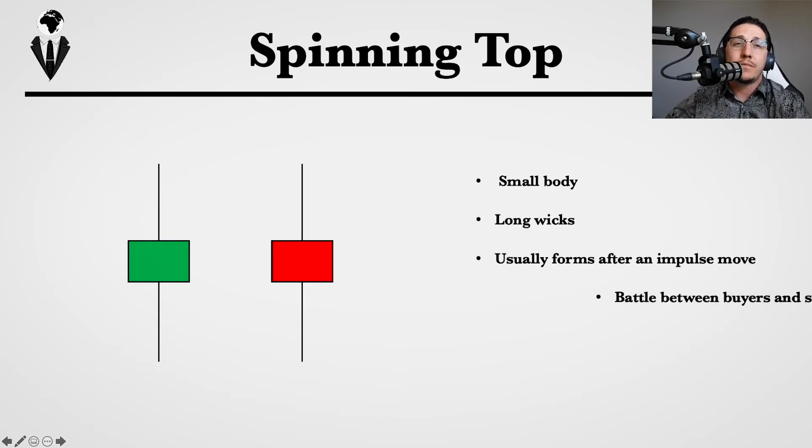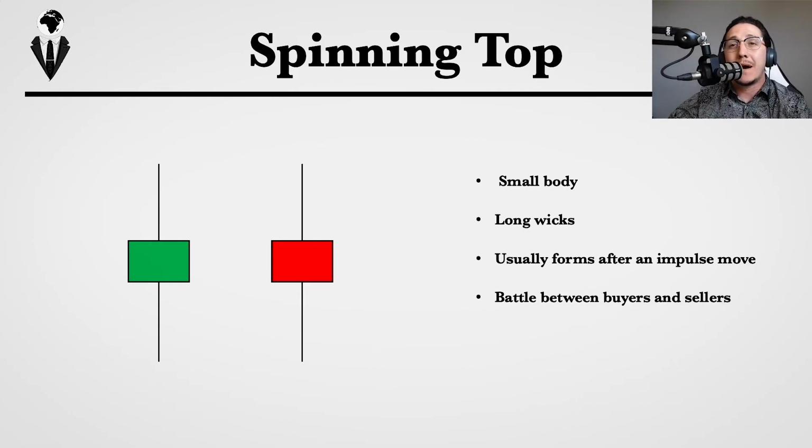Basically, this represents a battle between buyers and sellers. So let's look at the green one here, the bullish candle. Price opened here. Buyers pushed it all the way up. Sellers brought it all the way down. And then buyers brought it back up. Or it could have happened the other way.